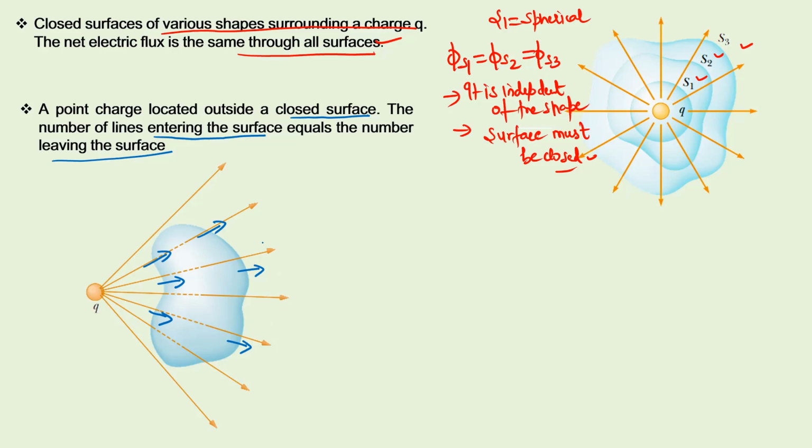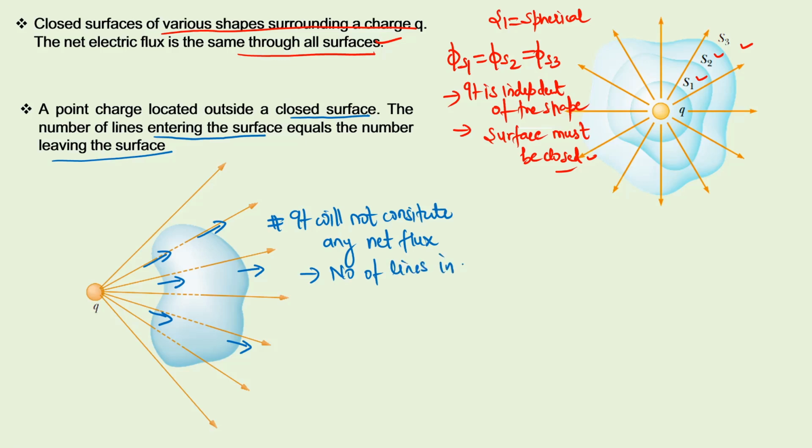So it will not constitute any net flux, because the number of lines in is equal to the number of lines out. So the net flux must be 0.